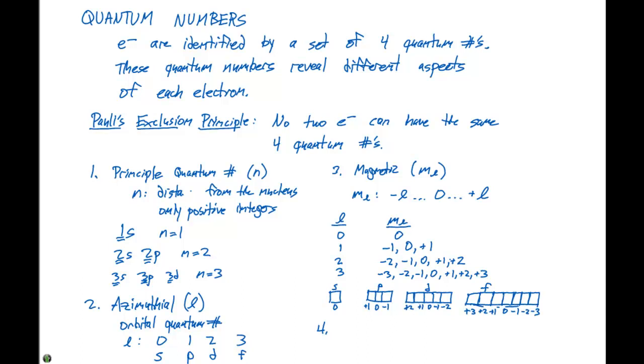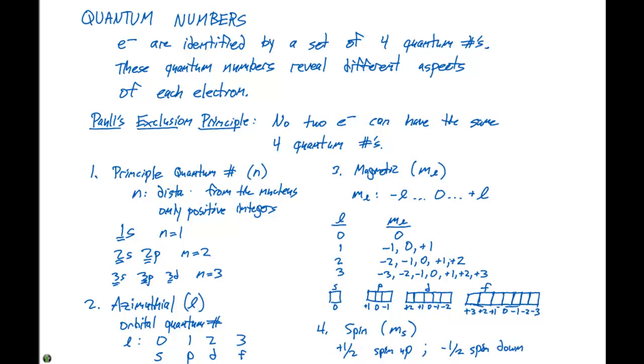The last quantum number is called the spin quantum number, and it's abbreviated with a lowercase m sub s. There are 2 different values: +1/2 for spin up, and -1/2 for spin down.